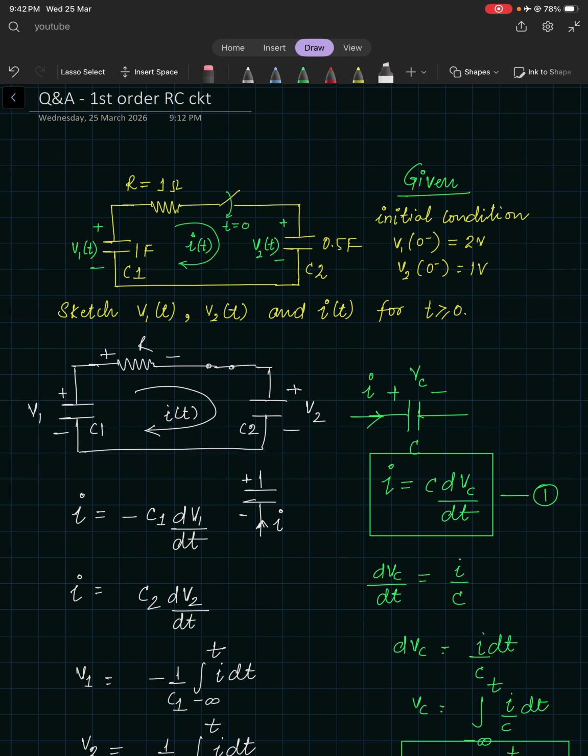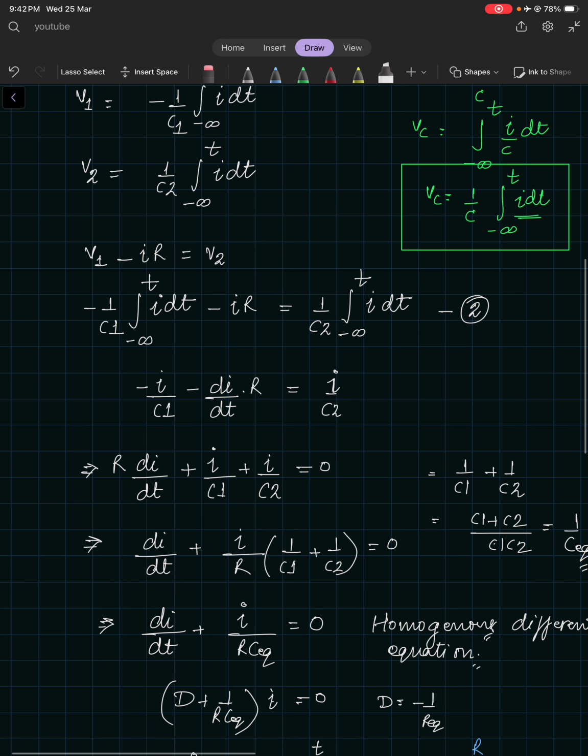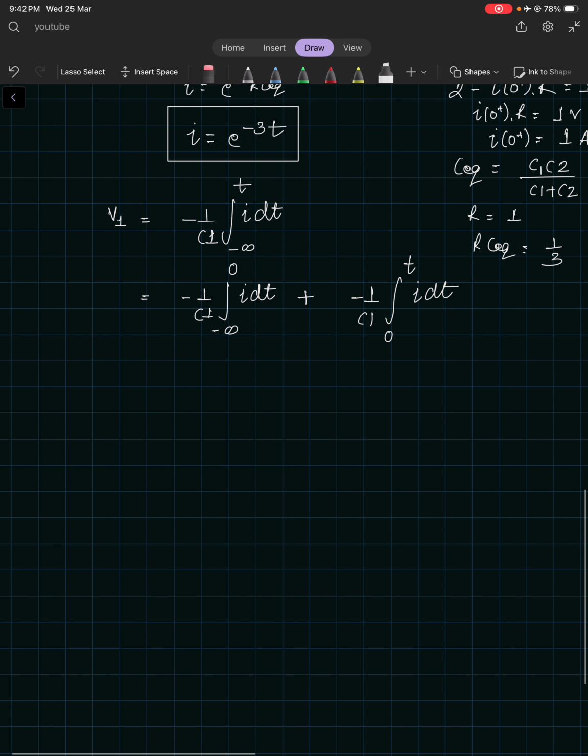Once the switch was closed at t equal to 0, I starts. This is a very important part: this is the initial condition part, and this is the present part, after switching.